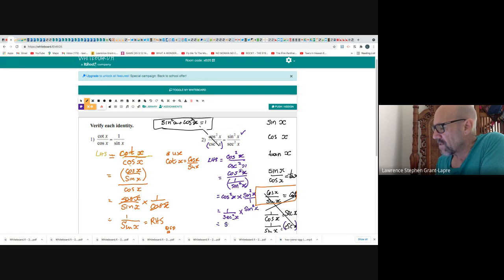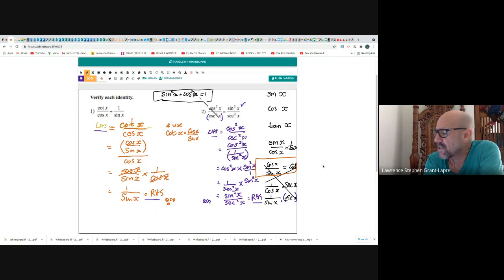So we've got sine squared x on top, sec squared x underneath, and that equals the right-hand side. Okay, and that's how we move from the left-hand side into the right-hand side. We always start with left-hand side equals, and we finish with equals right-hand side. QED is Latin for quod erat demonstrandum, as asked to verify or as asked to show.